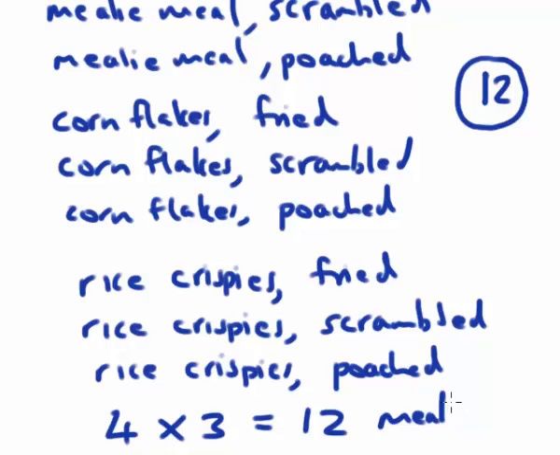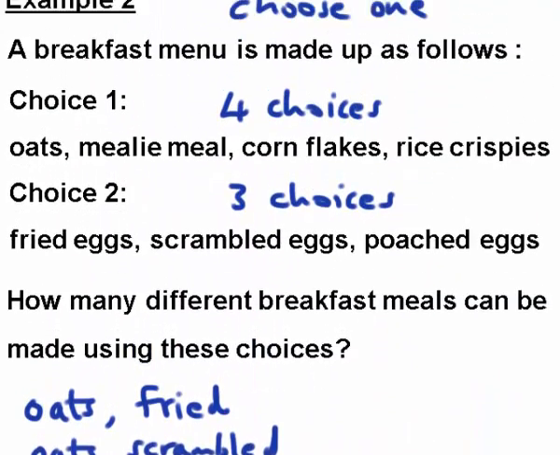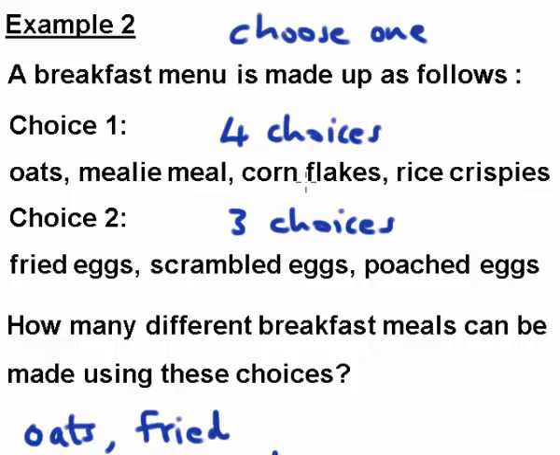There are 4 choices in choice 1, the oats, the Millie Meal, the cornflakes, and the Rice Krispies. And in choice 2, you have 3 choices: fried, scrambled, or poached. Pick 1 from each. So 4 times 3 is 12 possible breakfast meals, 1 from each choice.